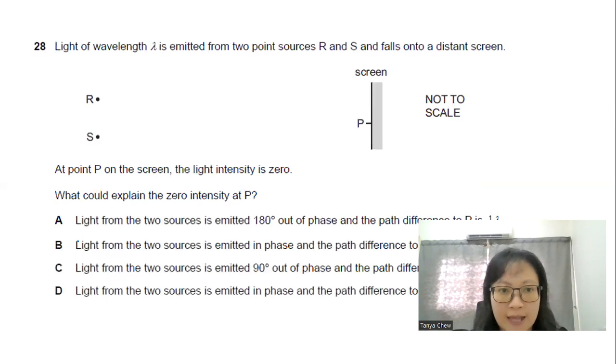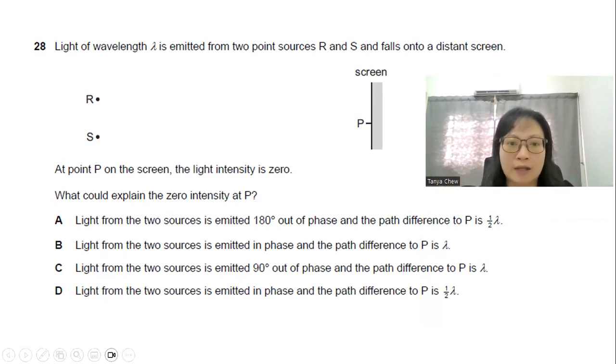Question number 28. A light of wavelength lambda is emitted from 2 points, sources R and S, and falls onto a distant screen. At point P on the screen, the light intensity is 0. This is destructive interference. What could explain the 0 intensity at P?